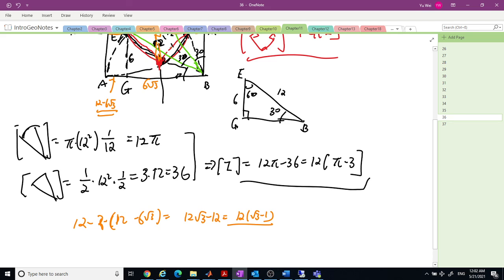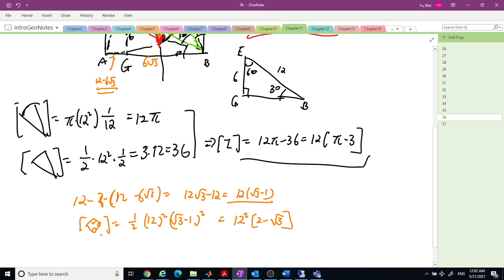So if you know the diagonal, then the area of the middle square is half of 12 squared times (root 3 minus 1) squared. Okay, so this one is equal to 12 squared times (2 minus root 3).